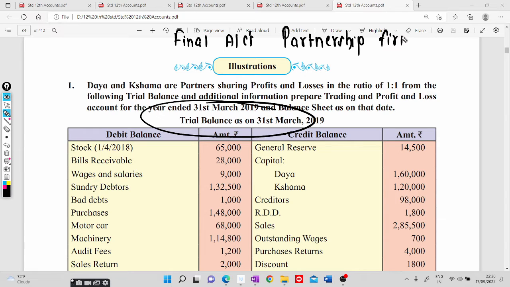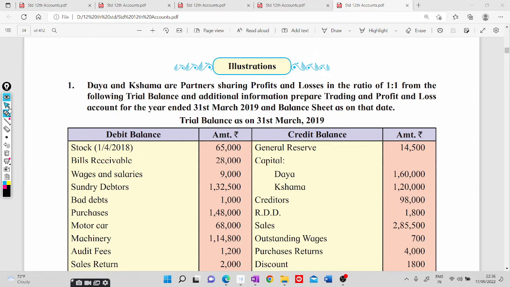So you need a trial balance. You will be given a trial balance, and from that trial balance you have to prepare the balance sheet and profit and loss account. As you can see here, a trial balance consists of the debit balances of all the ledgers as well as the credit balances of all the ledgers.